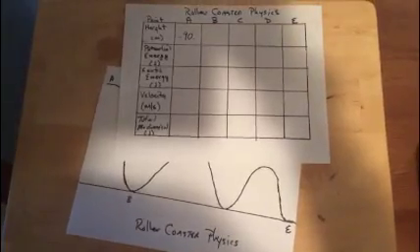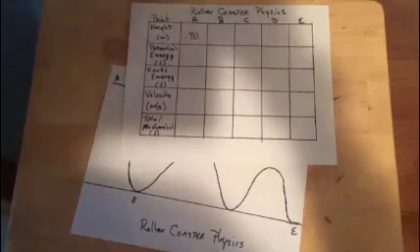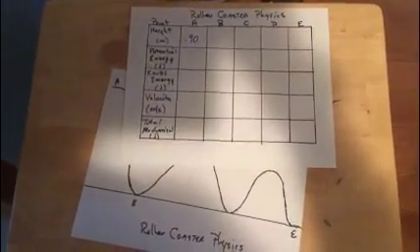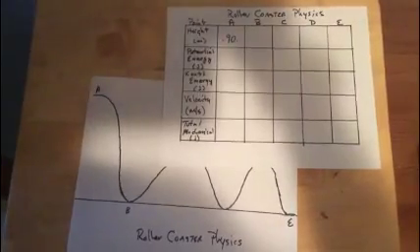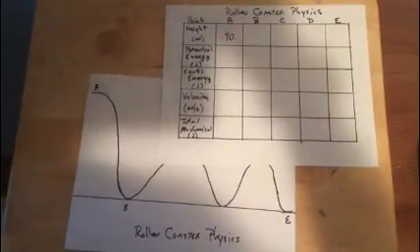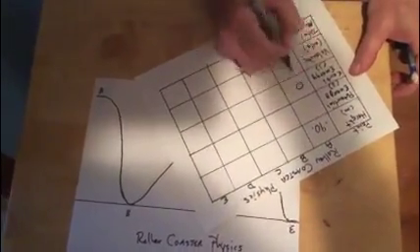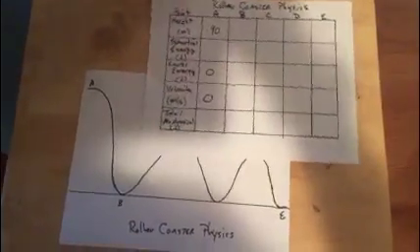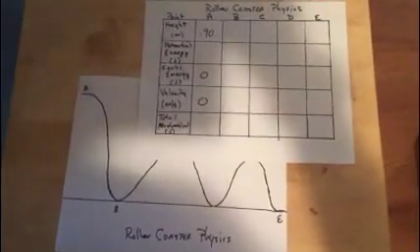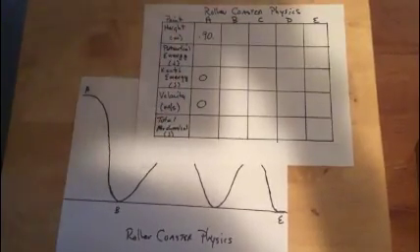All right, and based on that, we're going to try to figure out all of the other parts in that particular column. Well, the first thing we know is that at point A, nothing is moving. So the amount of kinetic energy is 0. And we know that the velocity has to also be 0 because it's not moving. So we need to figure out its potential energy and its mechanical energy.